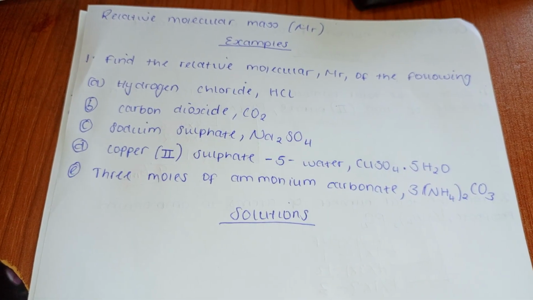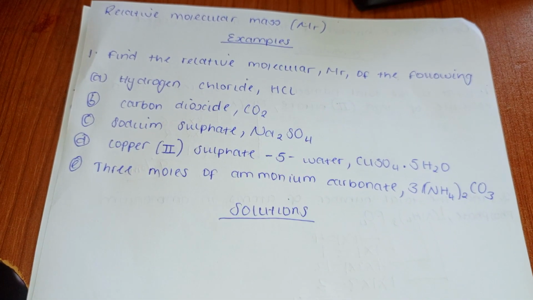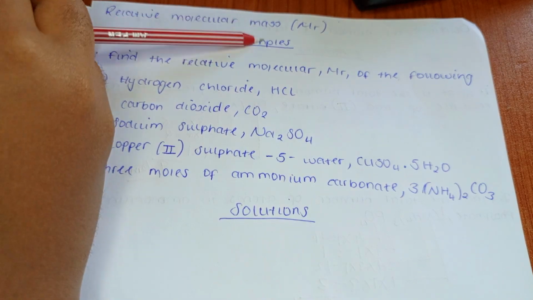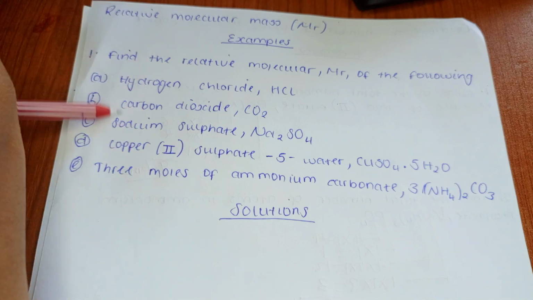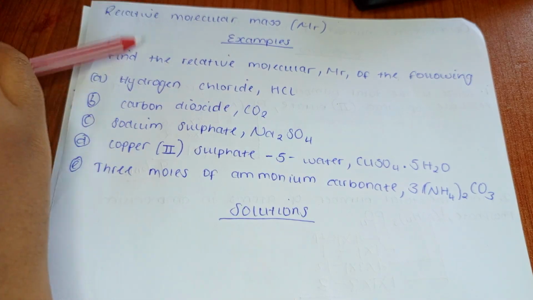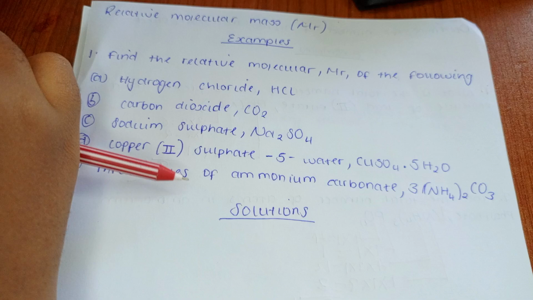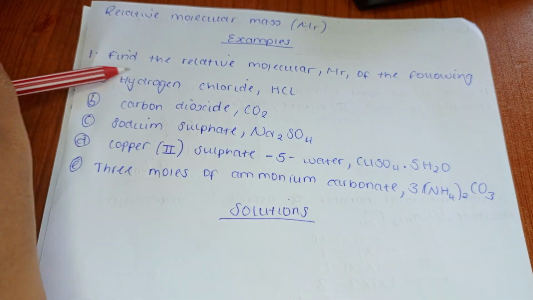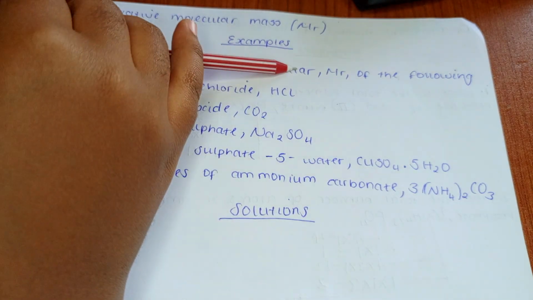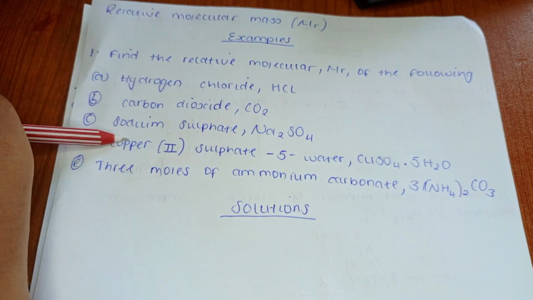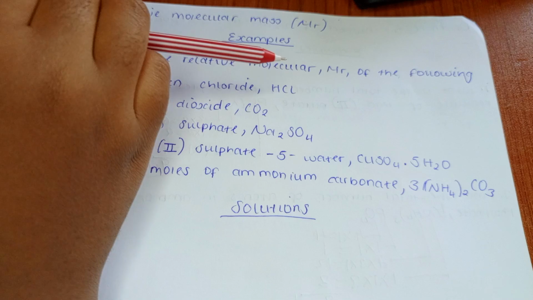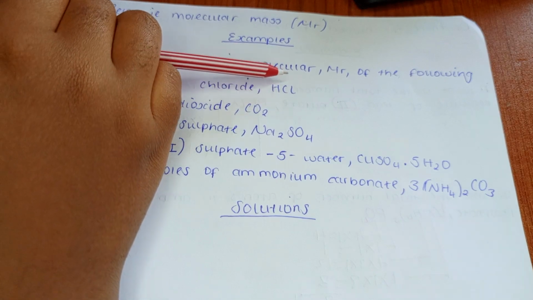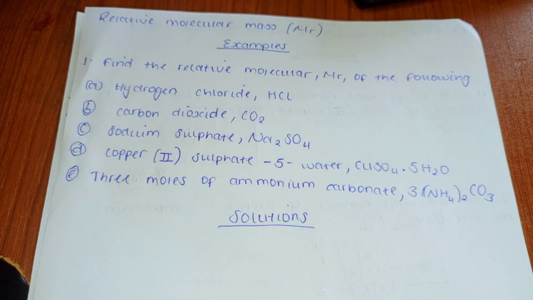So this is the final answer, 4 different atoms. The next topic that we'll be covering is relative molecular mass, which is also known as Mr. To find the relative molecular mass, here we have questions, and the first one reads, find the relative molecular mass Mr of the following. A, hydrogen chloride, which is in symbols HCl.